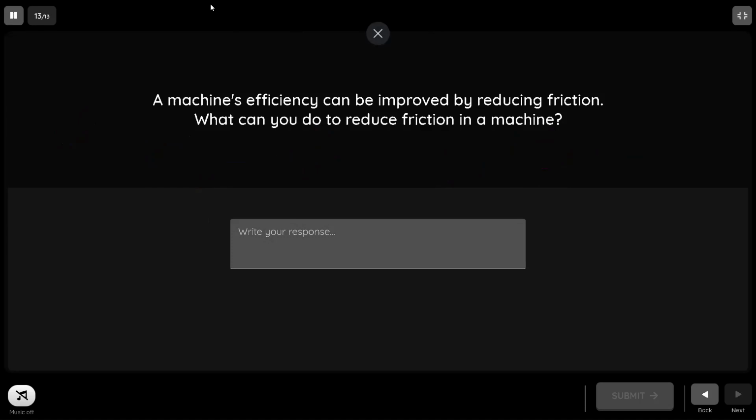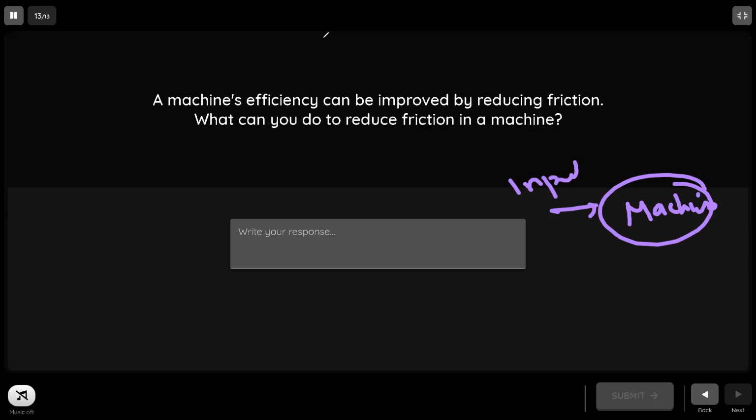In our world here, I told you that if you have a machine or a system, and you have an input force and an output force, or input work and output work, you can say.